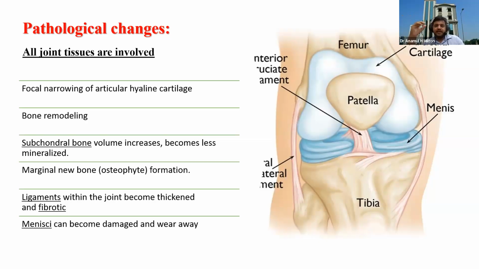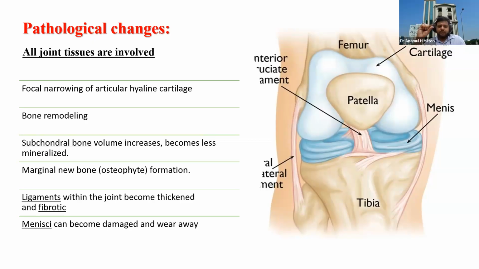It starts with some sclerosis. After that it causes bone remodeling, and at least at grade 3 or 4 it causes osteophytes, and there are a lot of bony spurs outgrowing from the surface of the joint. Another very important thing is that the subchondral bone volume is increasing, with marginal new bone formation, the osteophytes.